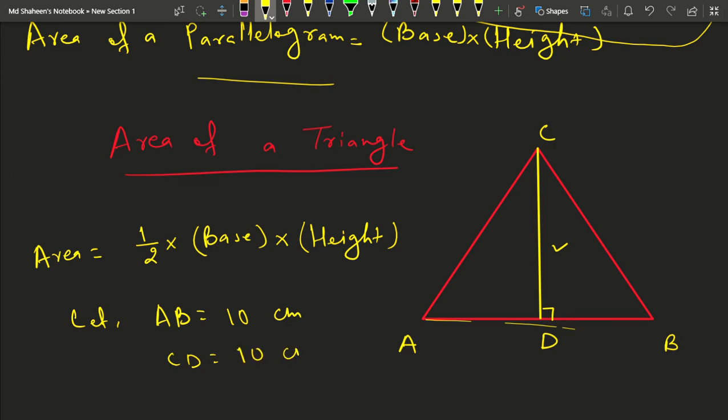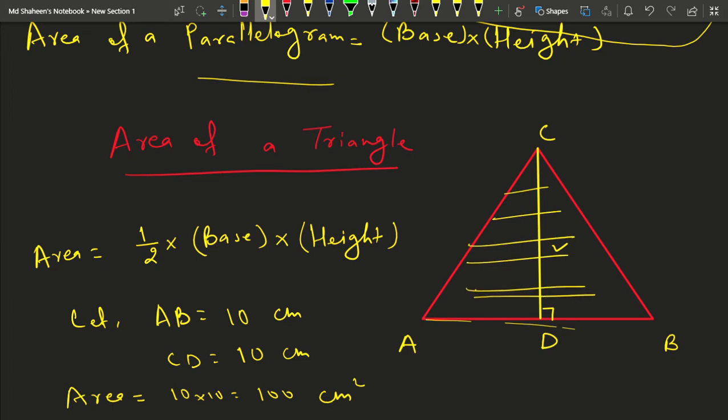So what will be the area of the triangle? 10 multiplied by 10, which equals 100 centimeter square. So this region is how much? 100 centimeter square. Okay, easy up to here. Now we know the area of a triangle. Now let's move on to the next topic.